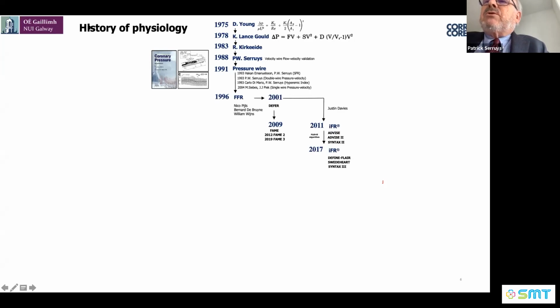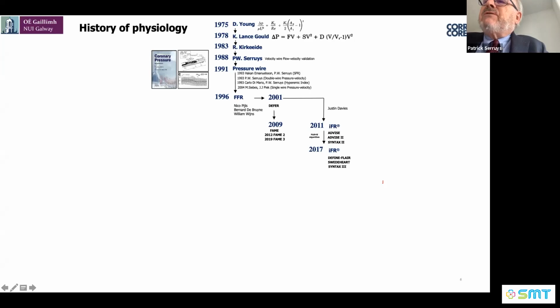Now, what is important, as Upendra has said, is that in 1996, Nico Pijls, Bernard de Bruyne, and William Wijns published the concept of the fractional flow reserve in the New England Journal. They did the DEFER trial, which was the first trial and now has almost 20 years of follow-up. And then in 2009, FAME, FAME 2, and FAME 3.